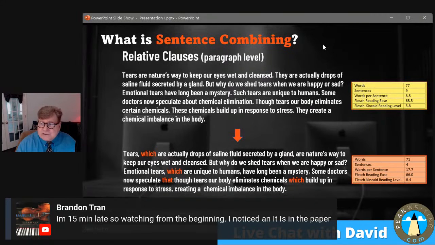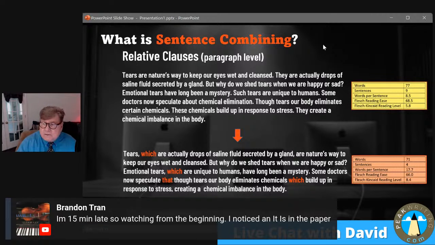Yes, it is. As you can see, we've now brought it up to a college graduate level; we've now doubled the words per sentence, 17.7. The reading ease is down a little bit, down to 66.